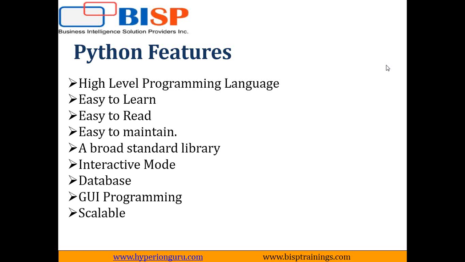If you visit my YouTube library, there I have integrated Python with BI tools like QlikView or Tableau. I have used the Python functionality in QlikView or in Tableau. So integration is possible with Python.